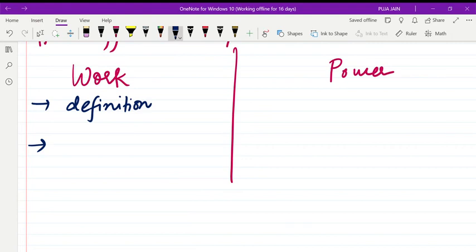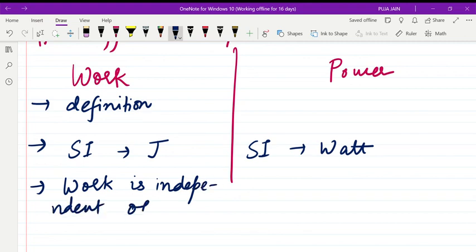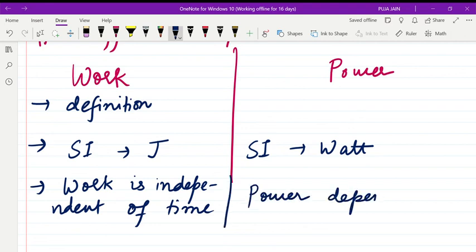Second, SI unit you can say of work is joule, and SI unit of power is what? Watt. CGS unit also you can say. Third is what? Work is independent of time, and power depends on time. So this is the difference between work and power.